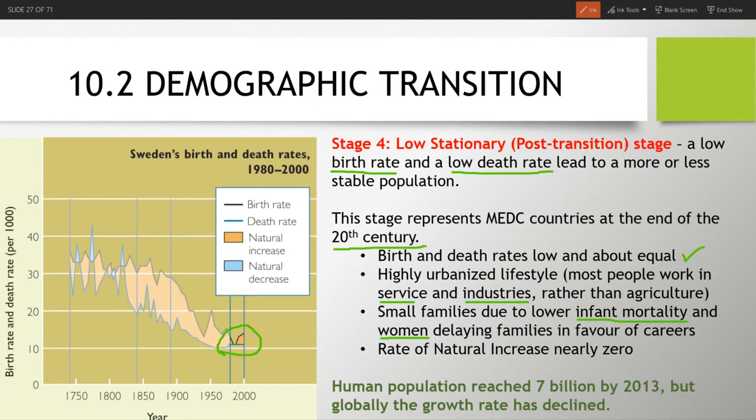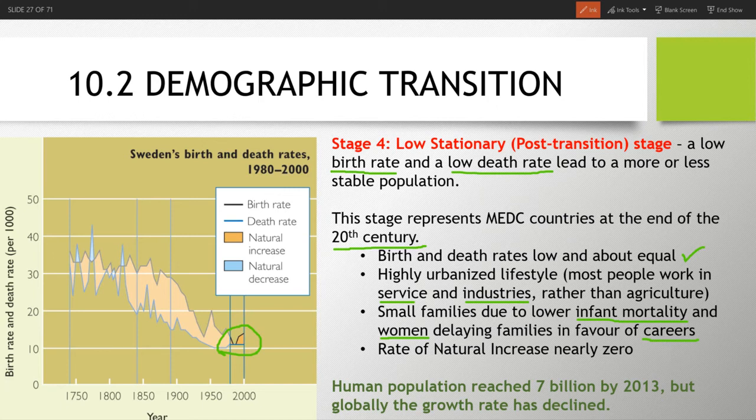And what we find many women tend to do now is to delay having families until they're a little older, in favor of education and careers. So they want to further their eventual careers, rather than choose to have families early and stay at home.